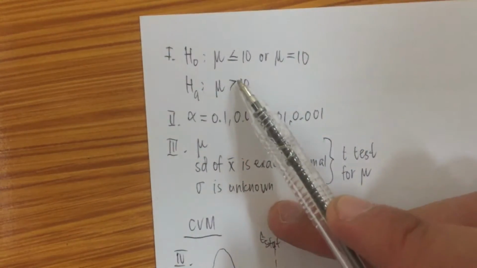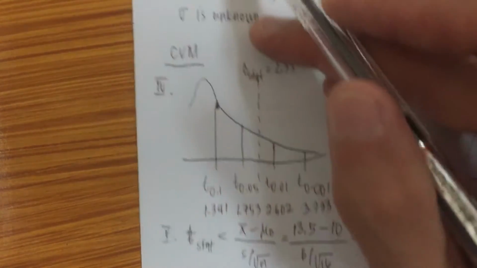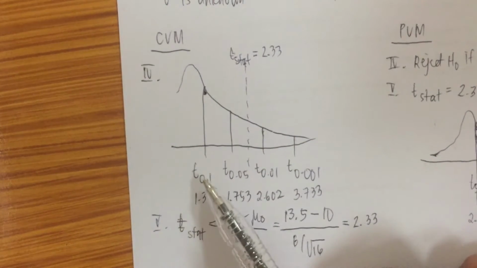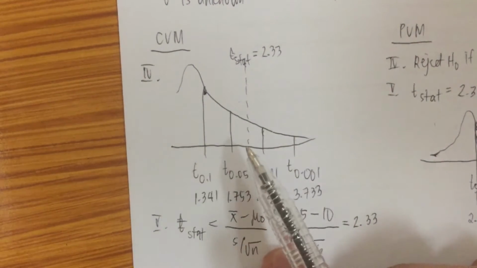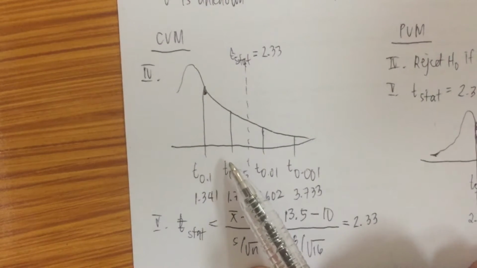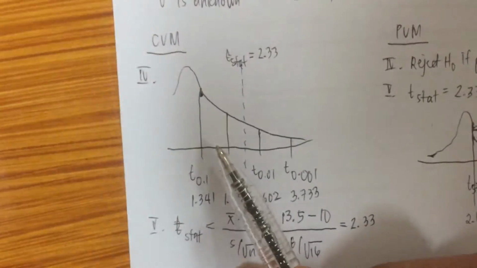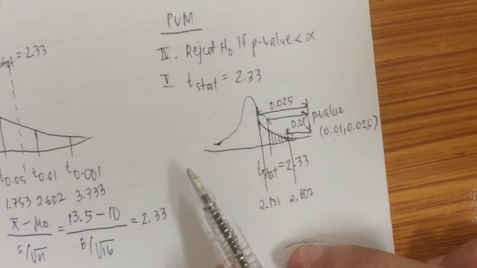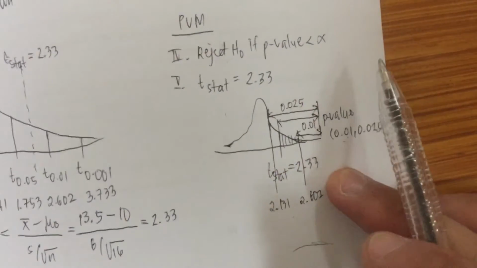Okay? Now for two-sided, similar to the z-test, critical values will come from both sides. So for every value of alpha, there should be two critical values. So divide the alpha again into 2, but again, in this case, you have to get the t-scores from the t-table. And for the p-value method, one area to the right or to the left will be just 1/2 of the total p-value.